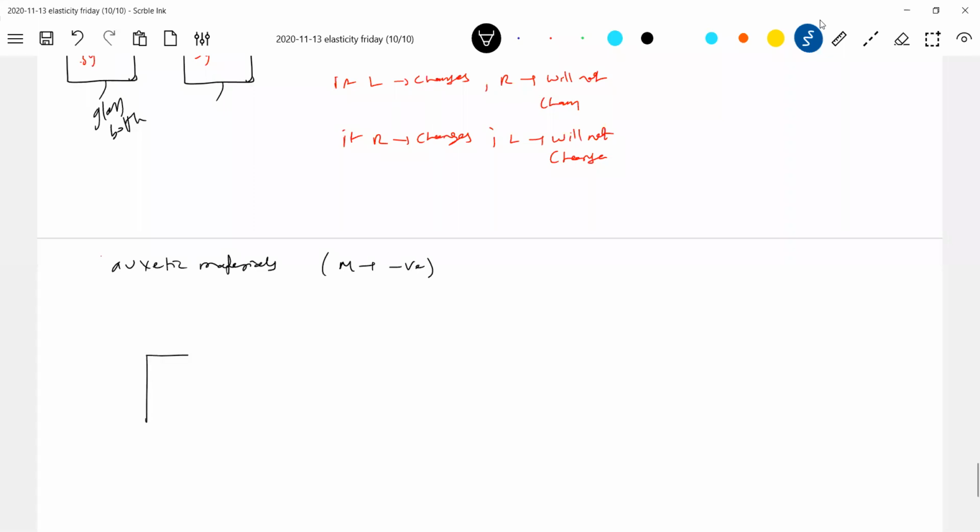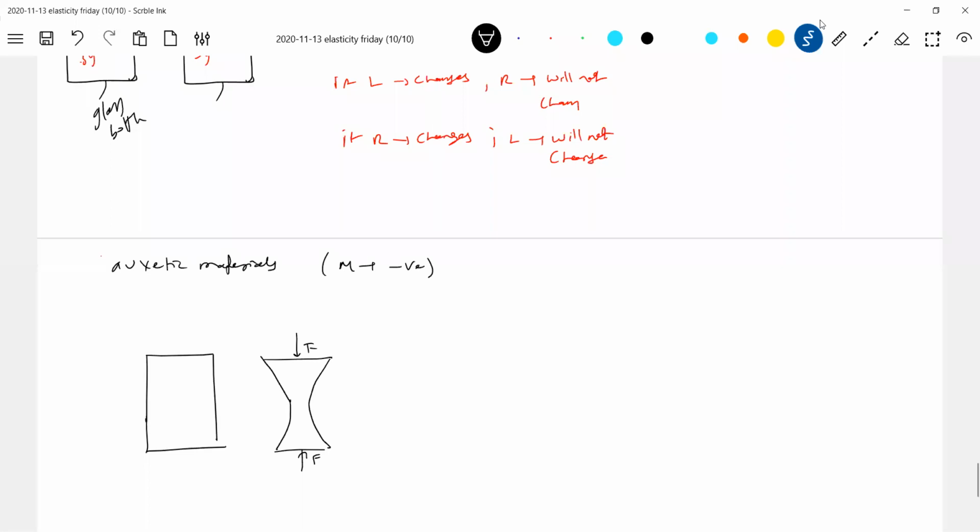If there's a material and you apply a force, both L will decrease, R will decrease. Able to understand? That is mu negative.